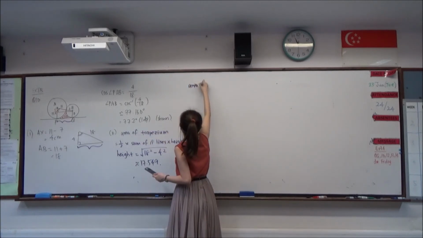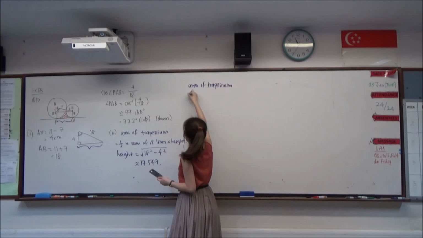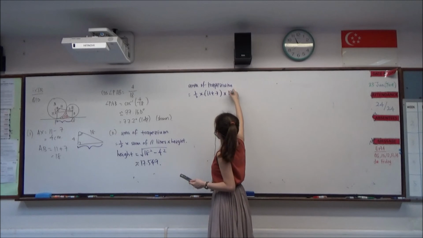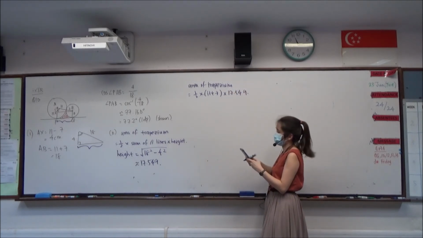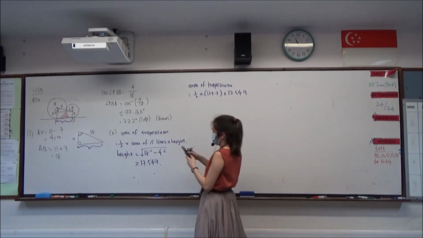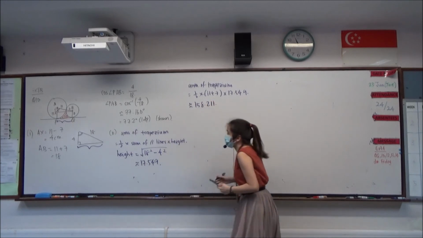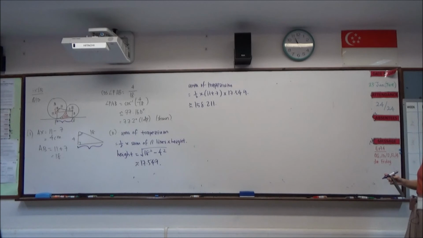So area of trapezium would be half times 11 plus 7 times 17.549. And we get 158.211. Right?